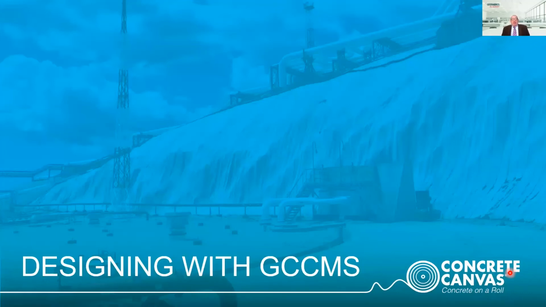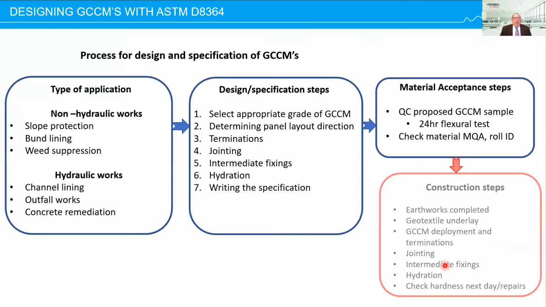So that was the first section of the presentation. Now we'll get into designing with GCCMs. The basic process has a flow chart here. We look at the type of application, whether it's slope protection, bund liner, channel works, or concrete remediation. Then we go through the design specification steps, selecting the GCCM and all the different components.